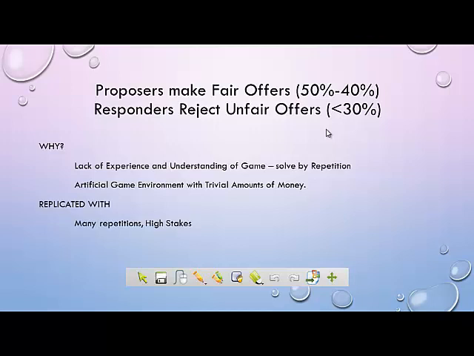And similarly in Indonesia, after the global financial crisis, the Indonesian rupiah was very cheap, so they did this experiment with very high stakes, and the same results were obtained, that people would reject very high amounts of money if they thought the thing was unjust.